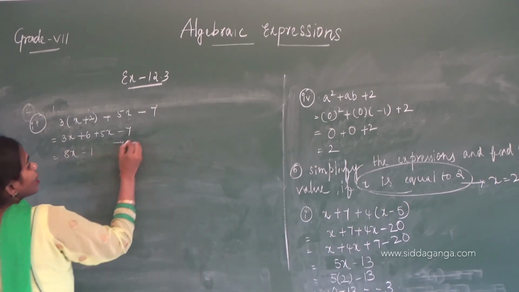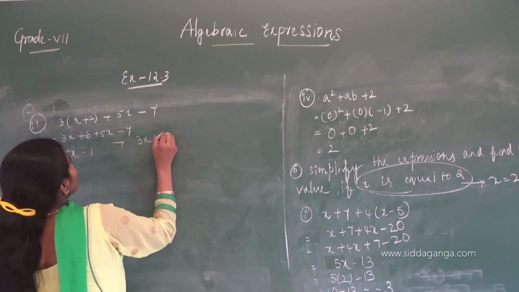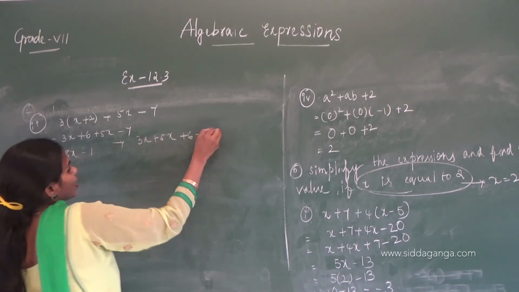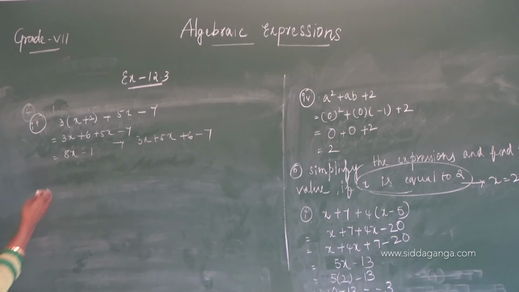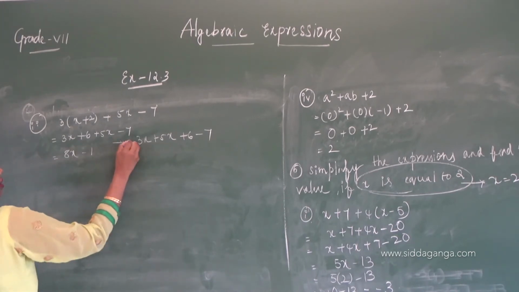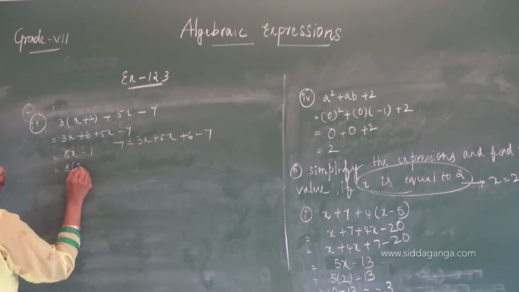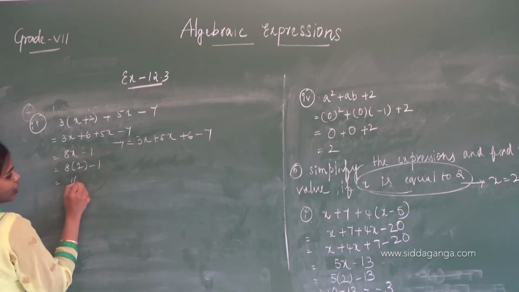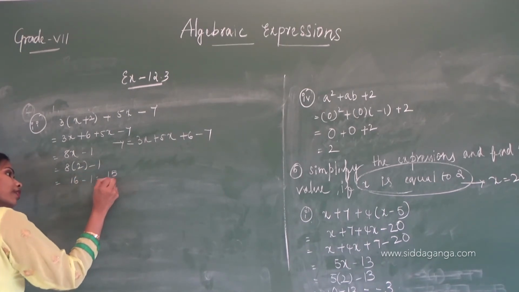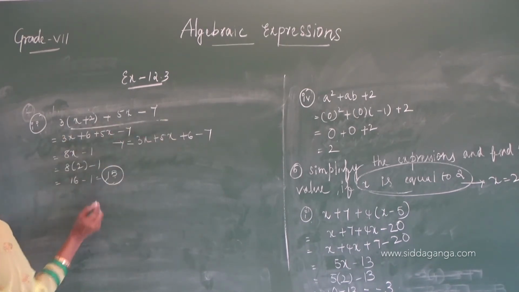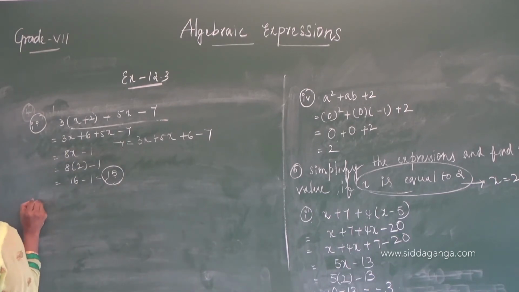Otherwise you can write 3x plus 5x plus 6 minus 7 directly also. 8 into 2 minus 1, that is 16 minus 1 equals 15. The value of the given expression is 15.